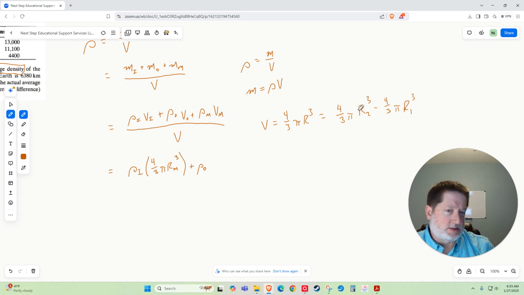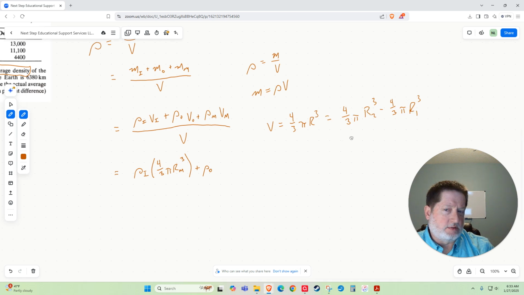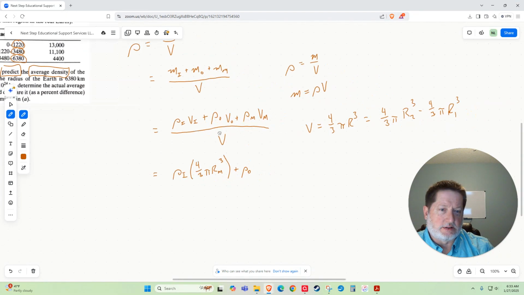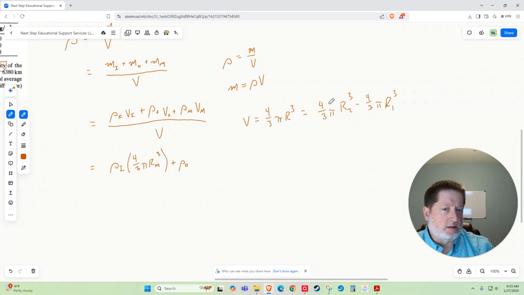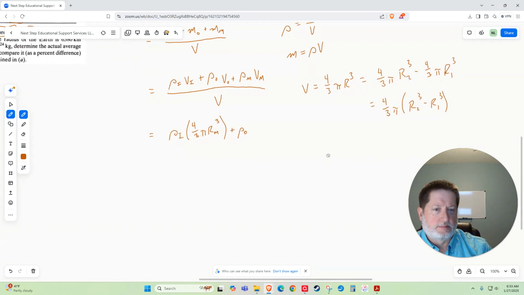That would be the outer radius and the inner radius for any given sphere that has another sphere inside of it. That'll let me calculate each of these next two volumes. And to do that, it'll be a little cleaner to factor out the 4/3 and the pi, and just get the outer radius cubed minus the inner radius cubed. That'll make these a little simpler.